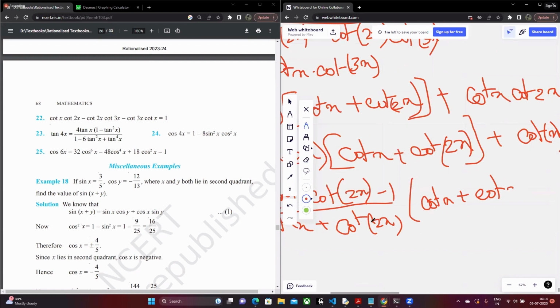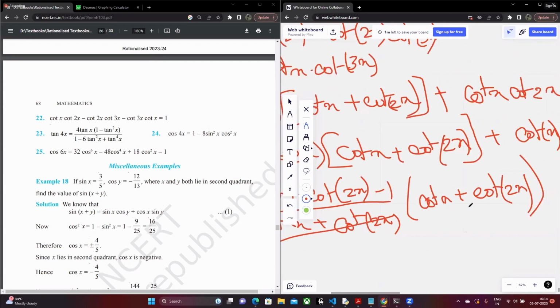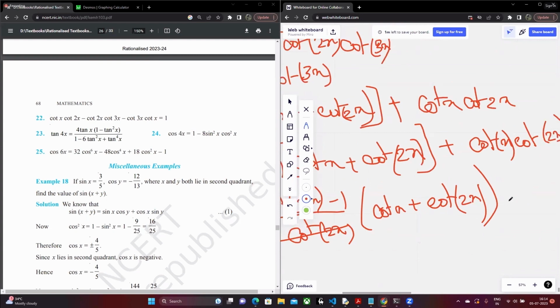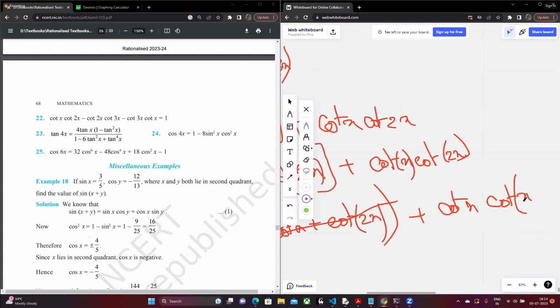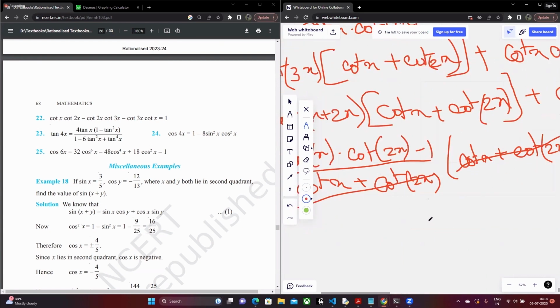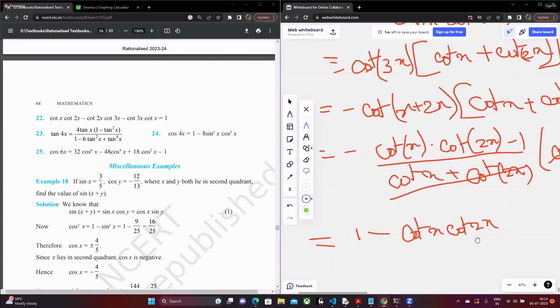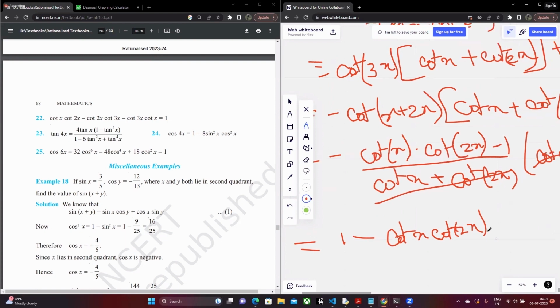So the denominator and the numerator term gets cancelled out, and you are left with another cot x cot 2x term. So this is basically 1 minus cot x cot 2x plus cot x cot 2x.